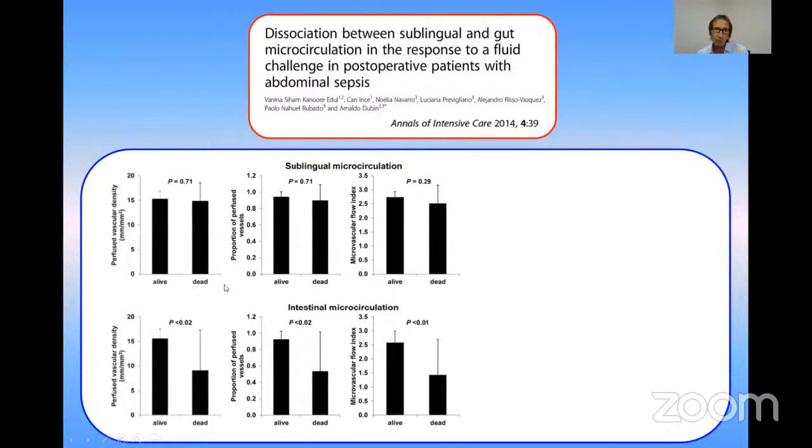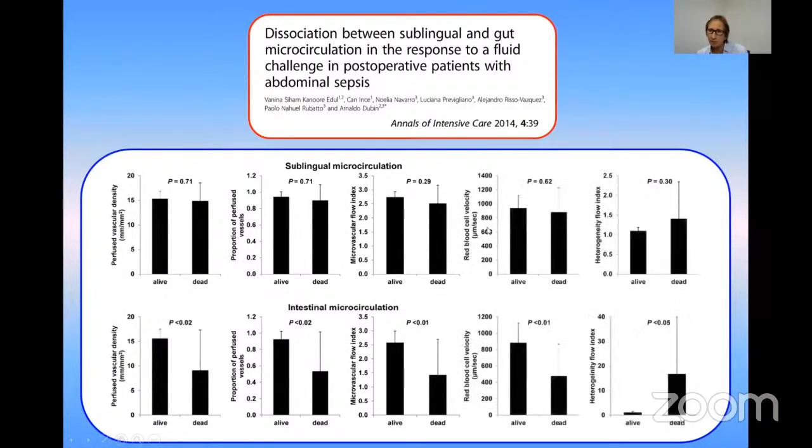Same results for other parameters like perfused vascular density, RBC velocity, or heterogeneity index. So only intestinal microcirculation was correlated with outcome.